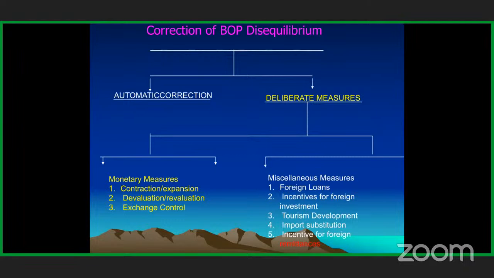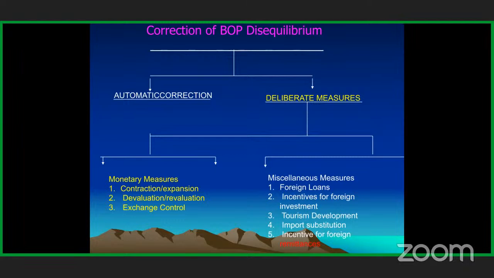Exchange control is a popular method employed to influence the balance of payments position of a country. Under exchange control, the government and the central bank assume complete control over the foreign exchange reserves and earnings of the country. The recipients of foreign exchange, like exporters, are required to surrender foreign exchange for domestic currency. By virtue of its control over the use of foreign exchange, the government can control imports.